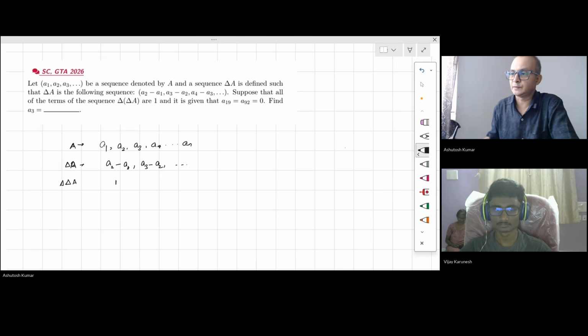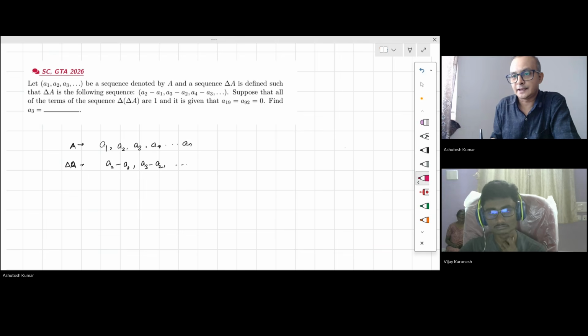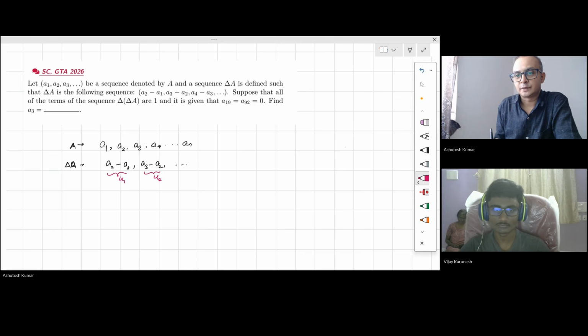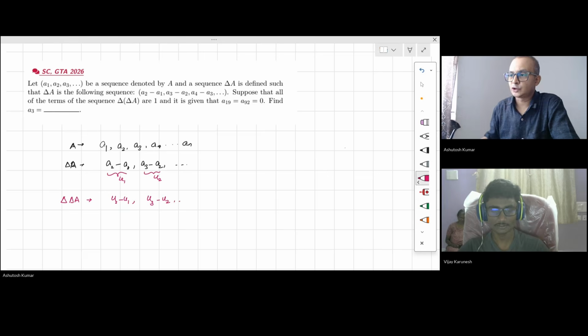Let's say I'm assuming this is U1, this is U2, similarly U3 and so on. So delta delta A comes out to be U2 minus U1, then U3 minus U2, and so on. Each of such differences, what you get in the second difference, all of the terms are equal to 1.